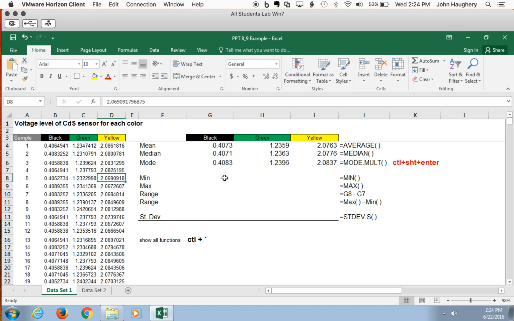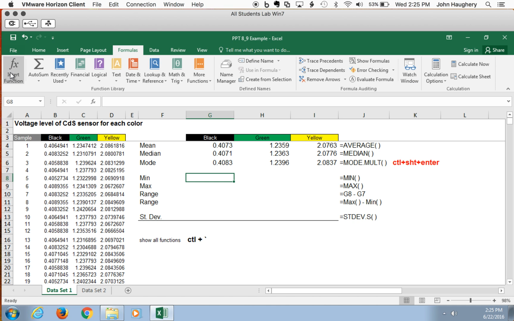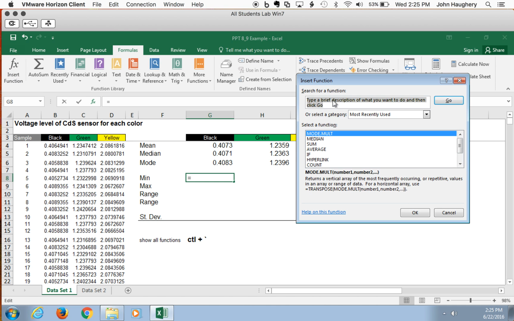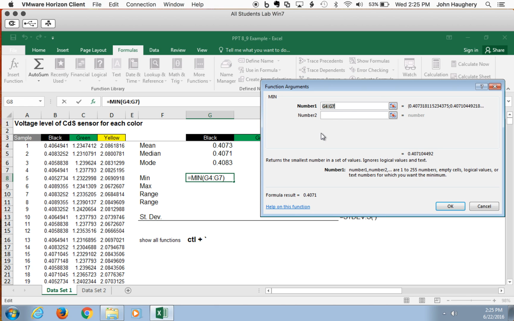And just like we did before, there's no specific range calculation, but we can do a min and a max function and then use that to get our min and our ranges. So in Excel, I like to use this formula builder or insert function. I can type in min, hit go, and I'll double click this and get my minimum and maximum.